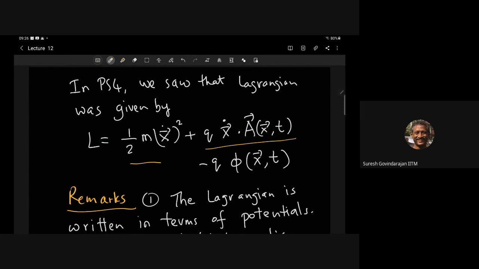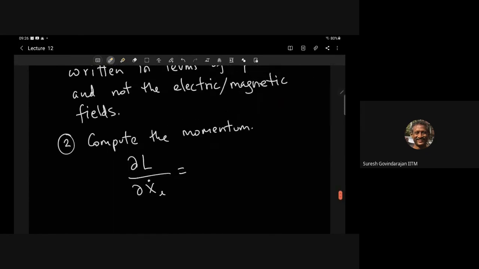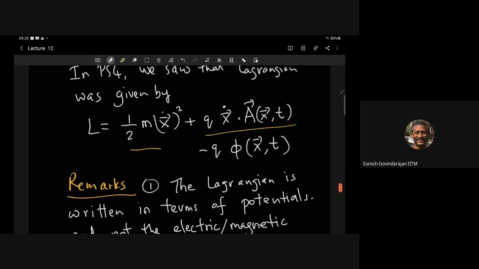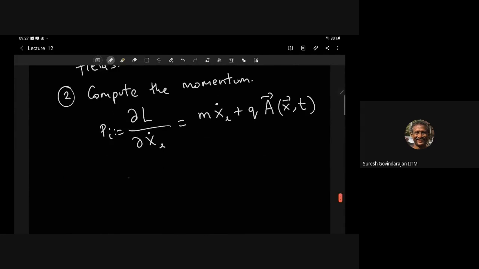Both of them contribute. So p_i, this is the definition, is equal to m x_i dot, which is something we know, plus Q times A. So the vector P we can write as mv plus QA.